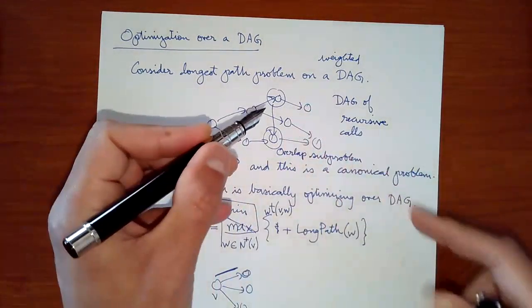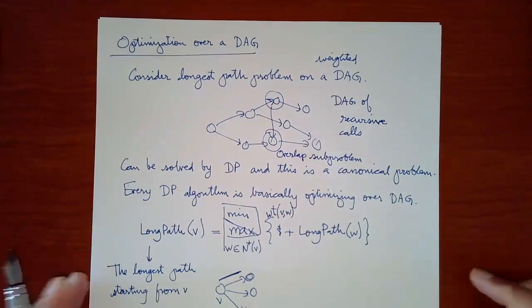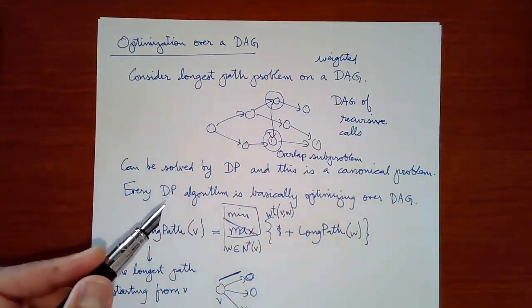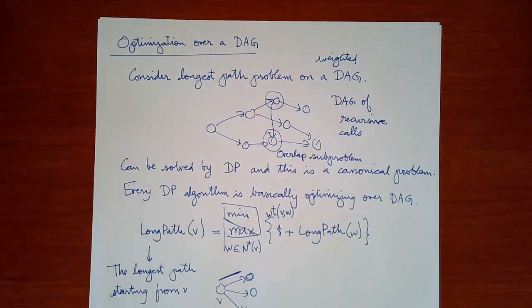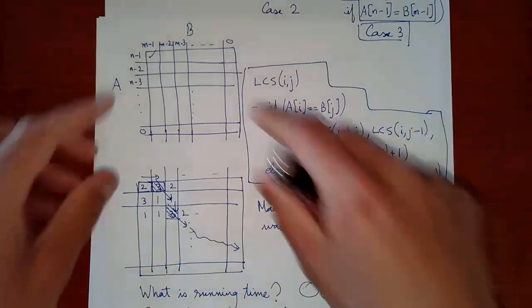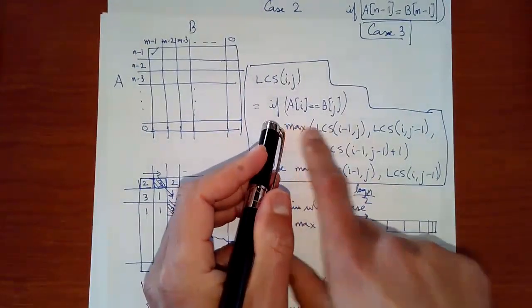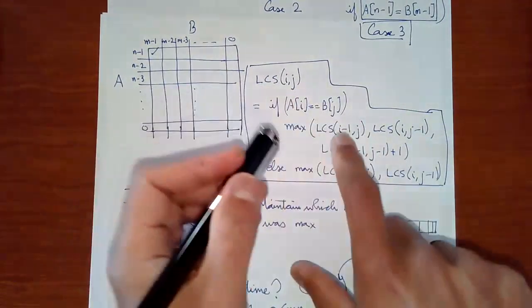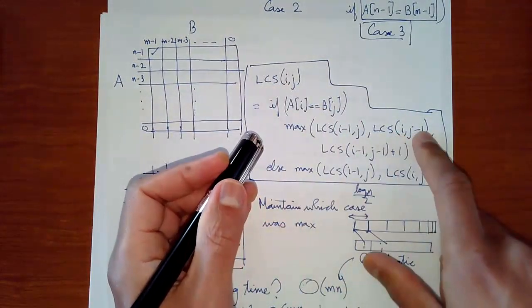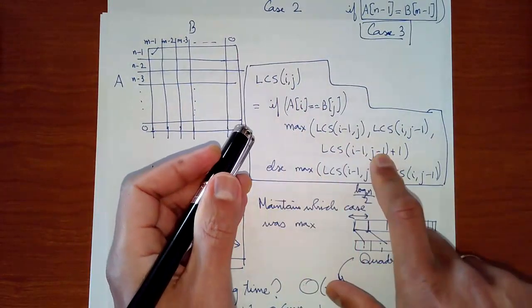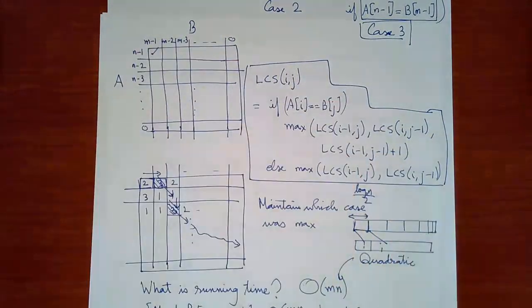So what you are really constructing when you do a dynamic program is a DAG. Let me show you a better picture. In this case, the DAG is quite simple. It's just all the subproblems with an edge between recursive calls. So (i, j) points to (i-1, j), points to (i, j-1), points to (i-1, j-1). And in this case, it's very similar to a longest path.